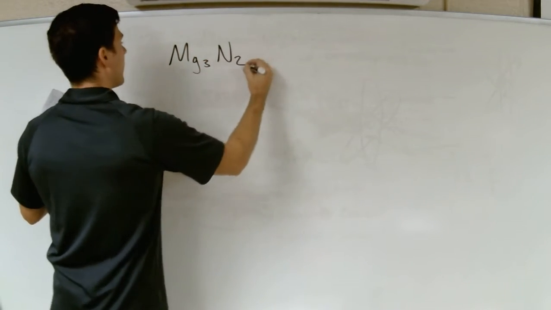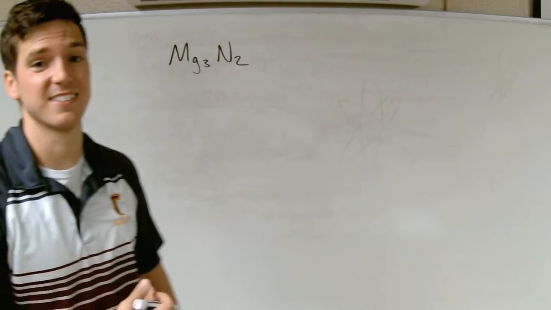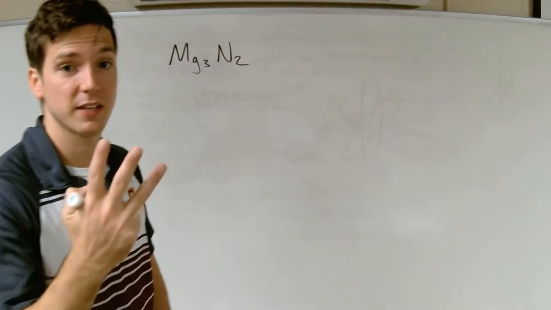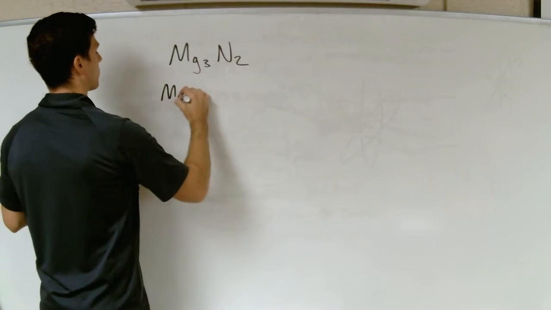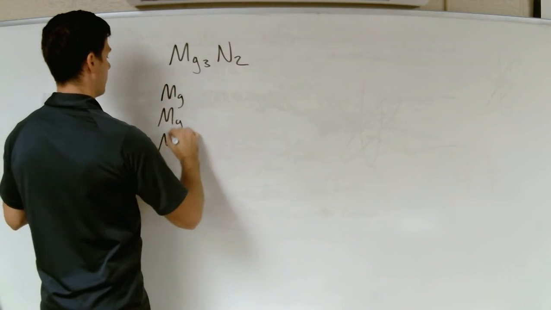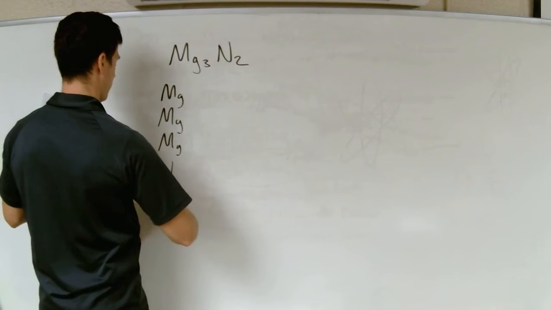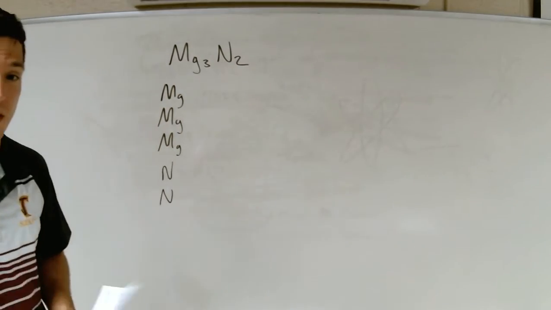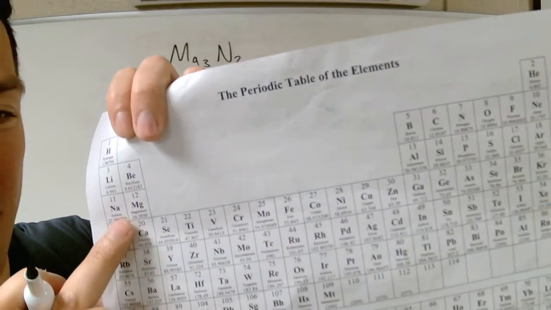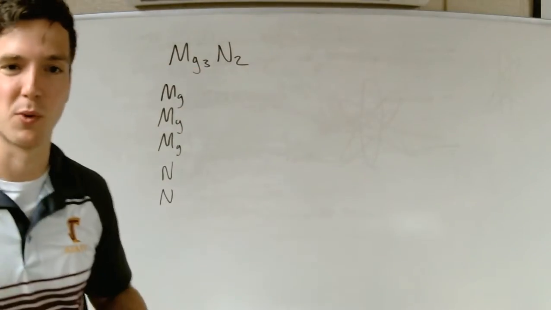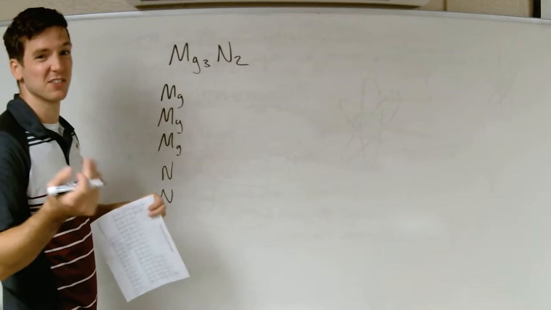Mg3N2. Again, this is telling me that I have 3 magnesiums and 2 nitrogens. I'm going to add up all their molar masses. Magnesium's 24.3, I can't round that to 24, I got to keep that one, that's a little too far.